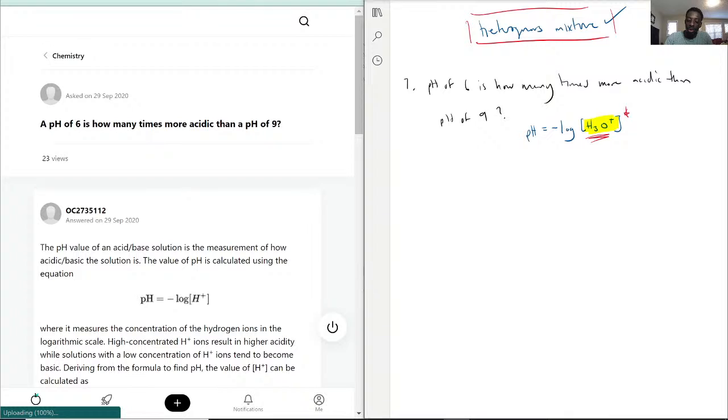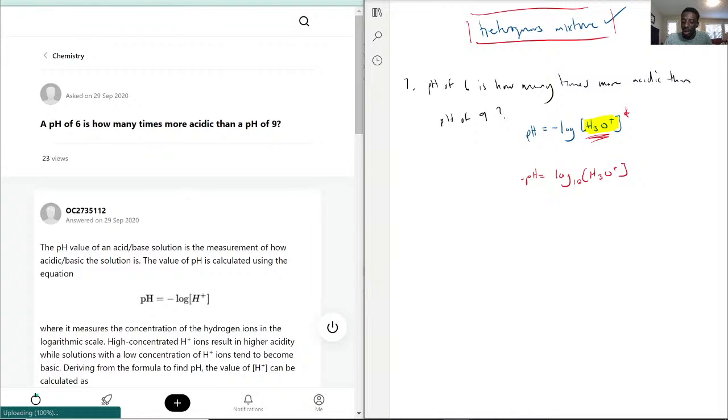is, you move the negative over there, so it'll be negative pH is equal to log of H3O, okay? And then we know that this is going to be base 10.